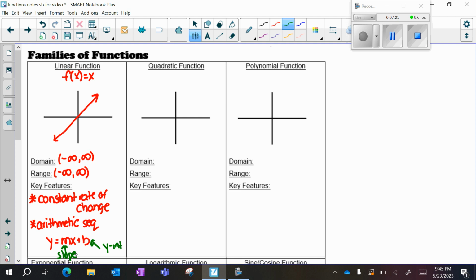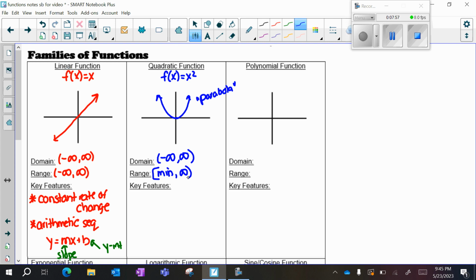So a quadratic function, our parent function is f of x equals x squared, and it's a U-shaped graph called a parabola. Your domain is always going to be all real numbers, and your range is going to be the minimum to infinity. Or if it's a reflection, it's going to be negative infinity to your maximum.